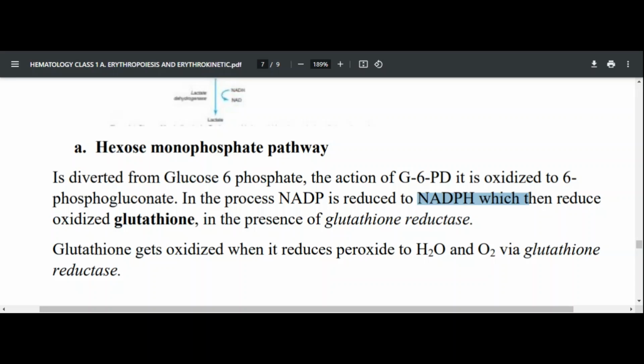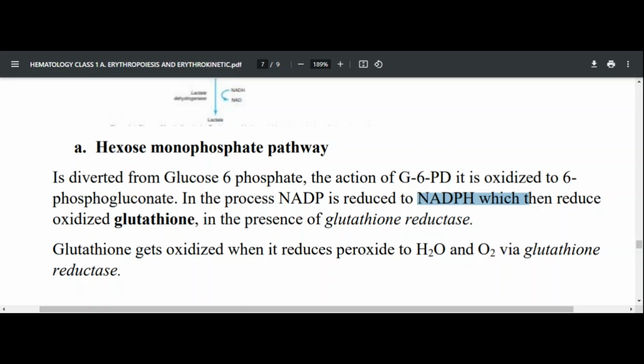You know that glutathione is an antioxidant; it normally reduces oxidants in our body, and when glutathione is reducing an oxidant, it is also oxidized. When it is oxidized, it becomes useless, so it requires NADPH in order to be reduced again.